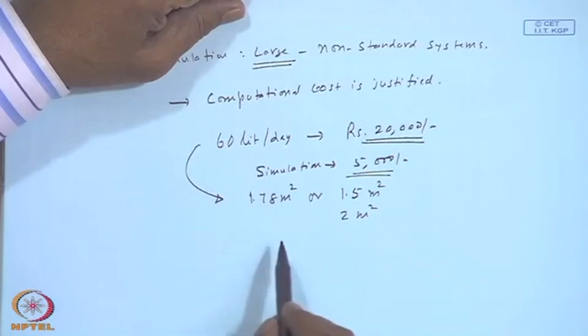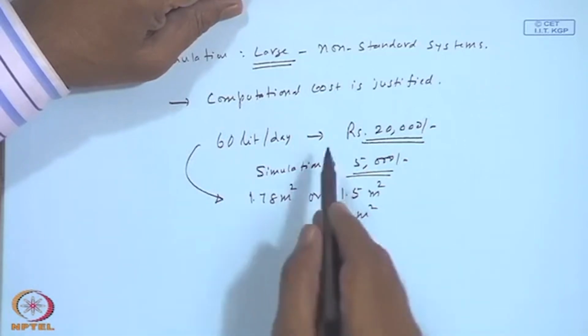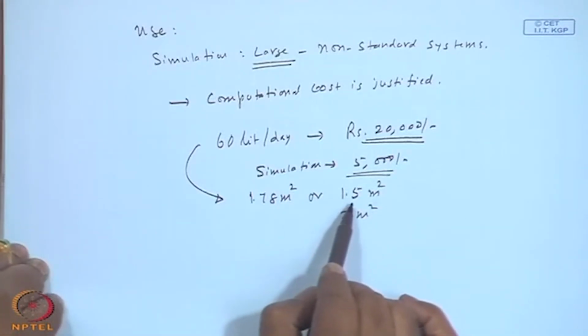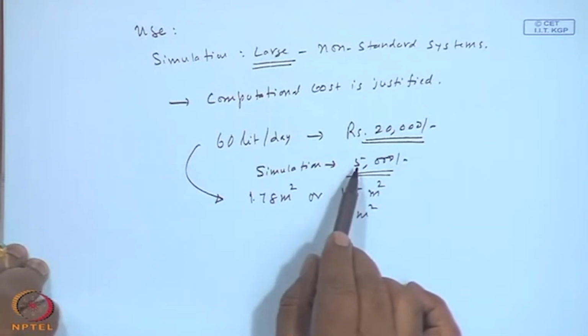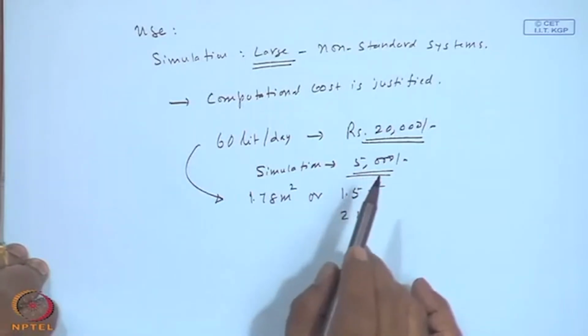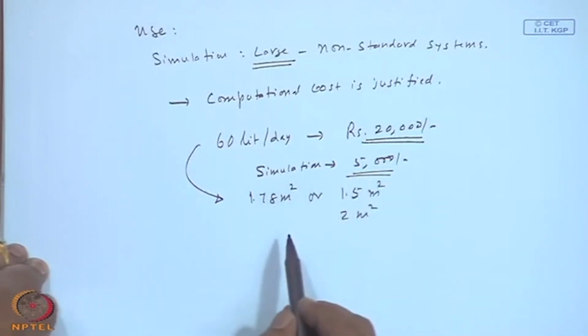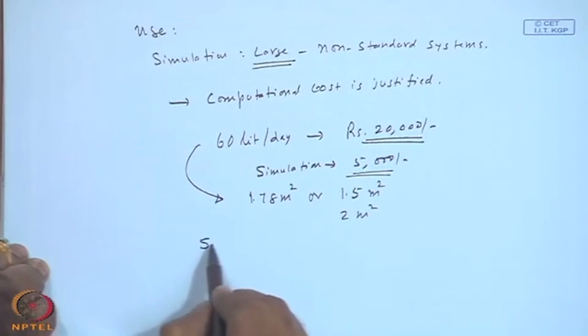You do not need to go through this. 1.5 of course will be cheaper. Consequently, again, if it is a small system, you may not want to go through simulation, particularly if they are standard systems.